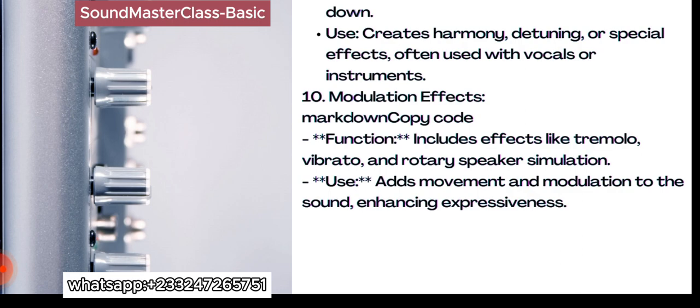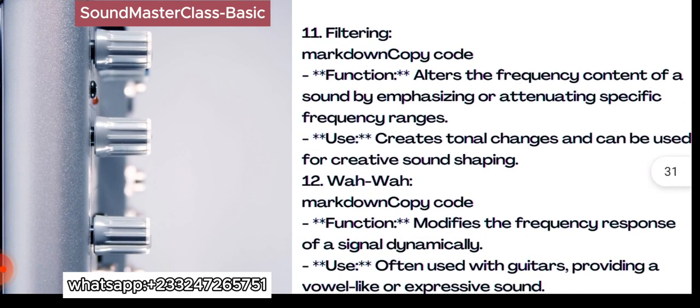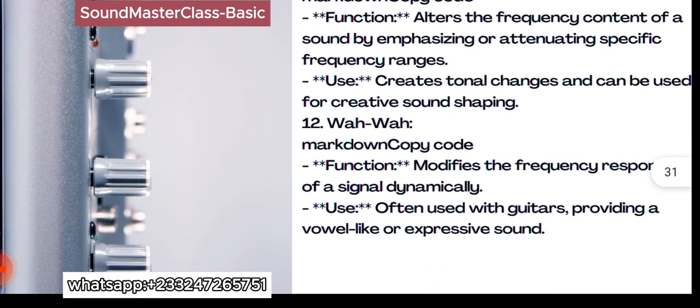Okay, so 11, filtering. Function: alters the frequency content of a sound by emphasizing or attenuating specific frequency ranges. Use: creates tonal changes and can be used for creative sound shaping.